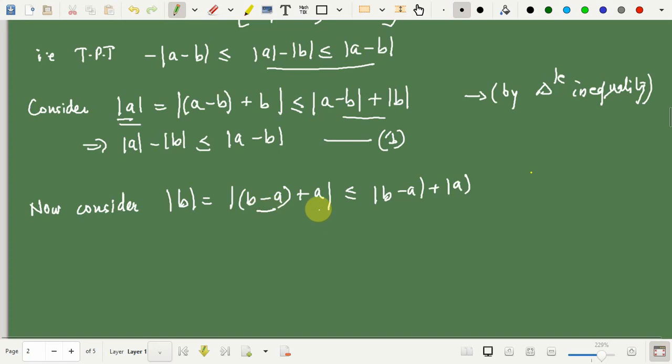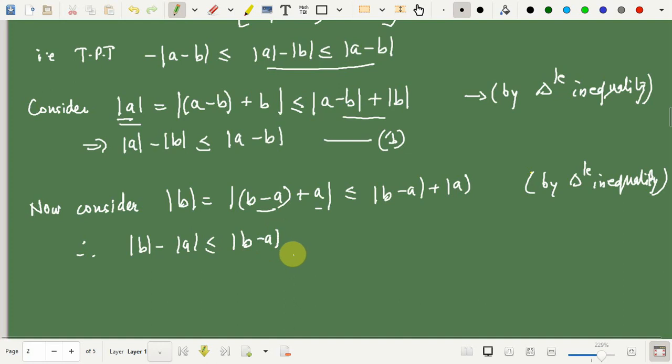Considering this as the first term and this as the second term in the triangle inequality, using the fact that mod of a plus b is less than or equal to mod of a plus mod of b. So this is again by triangle inequality. So therefore we now have mod of b minus mod of a is less than or equal to mod of b minus a from here.